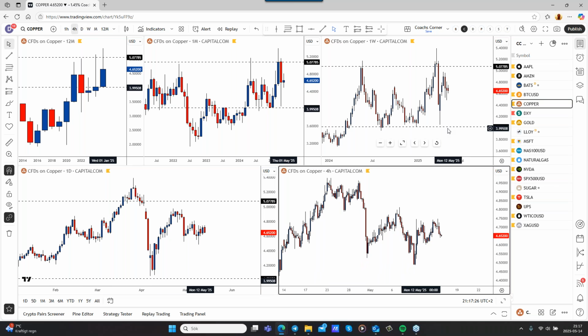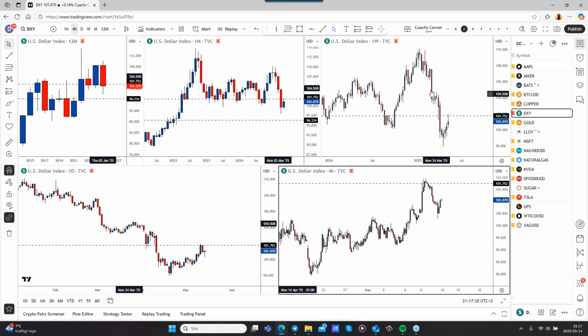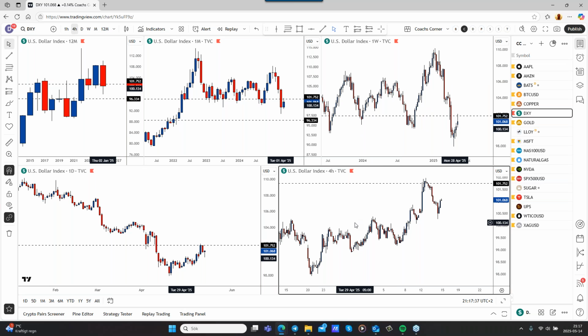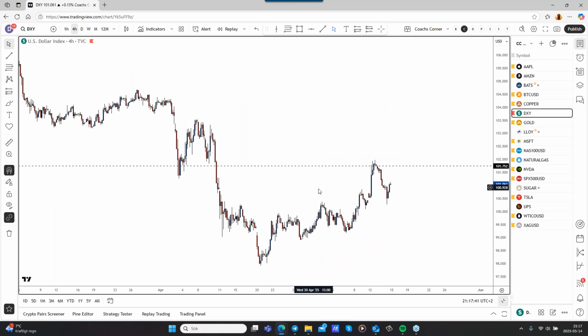So obviously we also have the dollar index. We need to be very aware of what the dollar is doing. And what I teach in my class is market structure. It is super important. Unless you understand how the market is moving, making swing highs and then lower low, lower high, lower low, lower high, and a lower low.